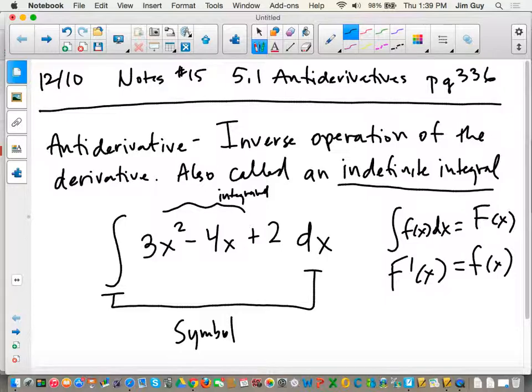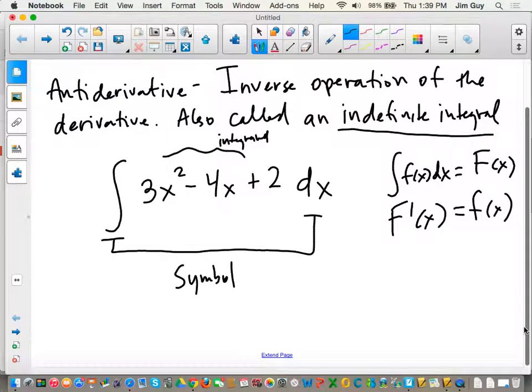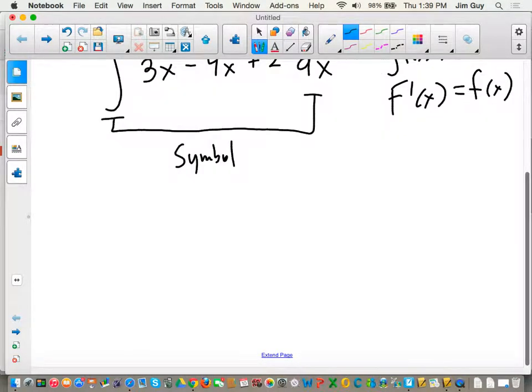All right, so this is all warm-up stuff, just to get an idea what the symbols are going to look like. Let's do a problem. The integral of 3x squared minus 4x plus 2 dx. What do you think? Just think backwards in derivative. What are you going to do? Add 1 to the exponent and then divide by the new exponent.